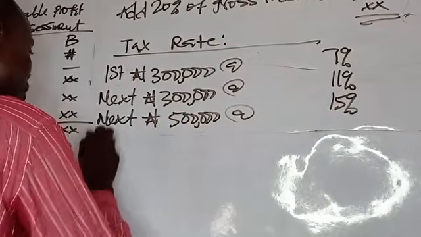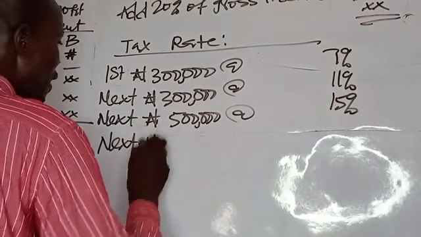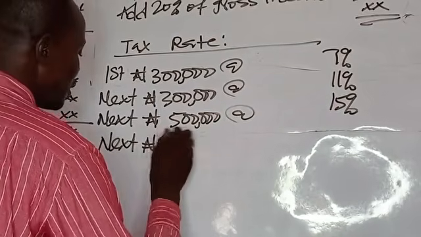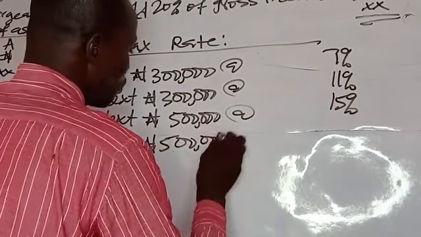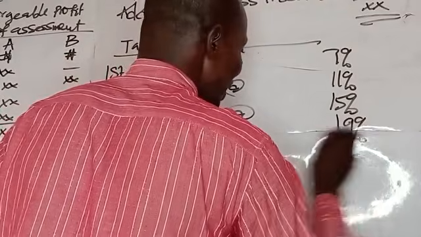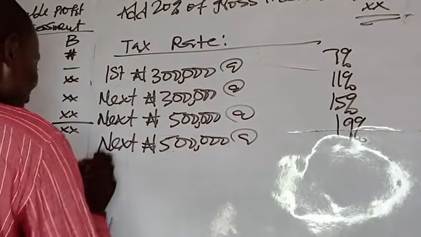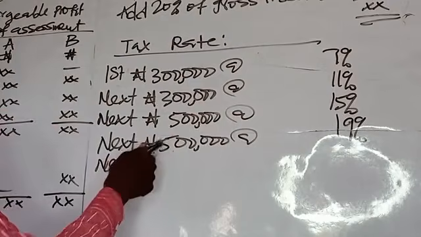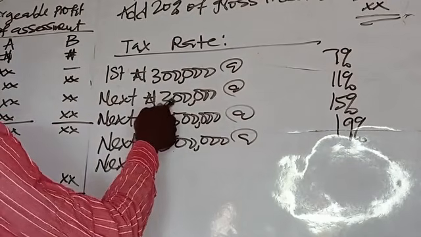Next 500,000 would also be taxed plus 4, that is 19%. Next, if you add this plus this, 1 million plus 1.3, 1.6.